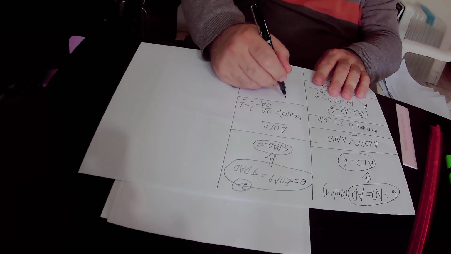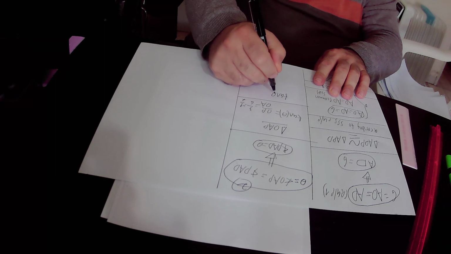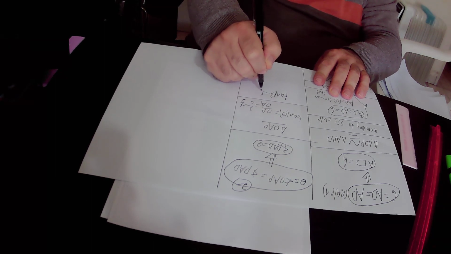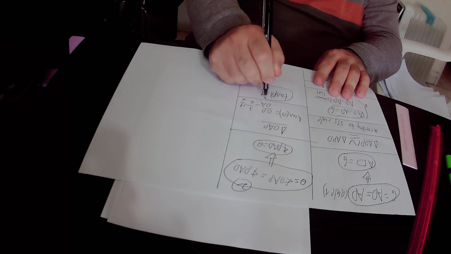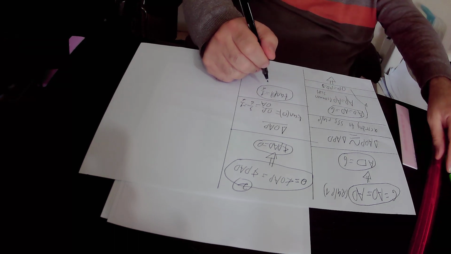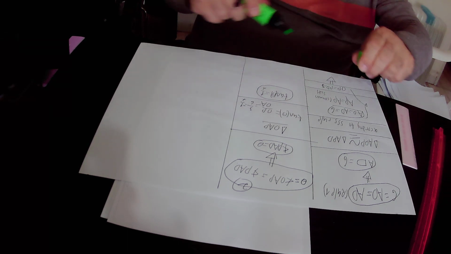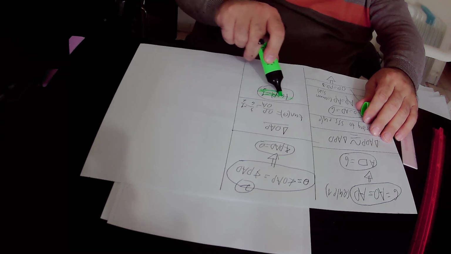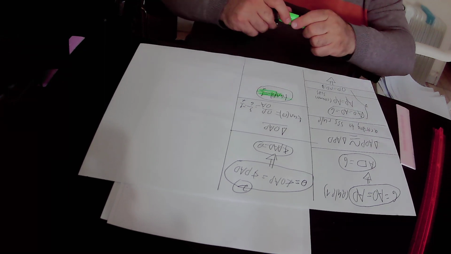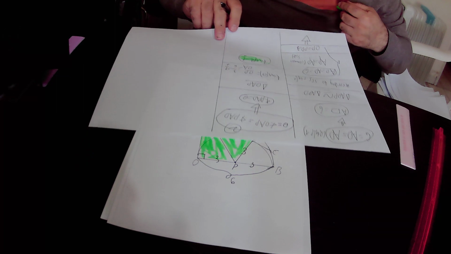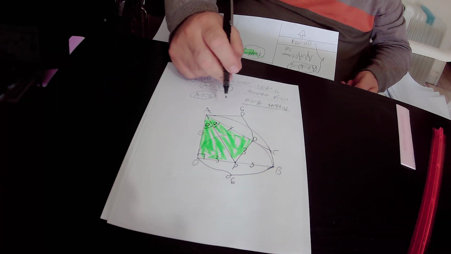So in conclusion, sine theta equals 1 half.